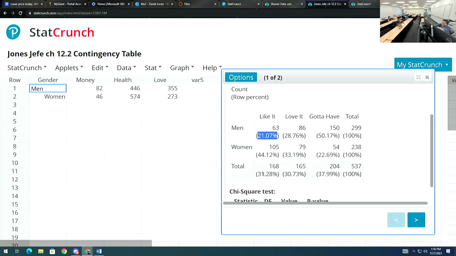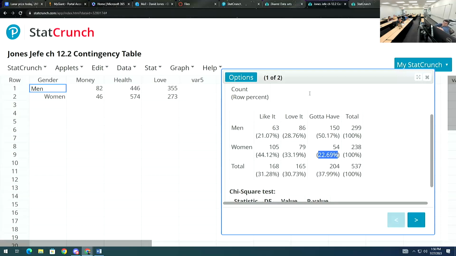Under 25% said small. So if you choose row percent, it tells you what percent of the entire group of men chose each category, and the same with women. 44% of the women chose small. Only 22% chose large. It shows you a breakdown percentage-wise. It's kind of like doing the relative frequency thing, but it does it for you.